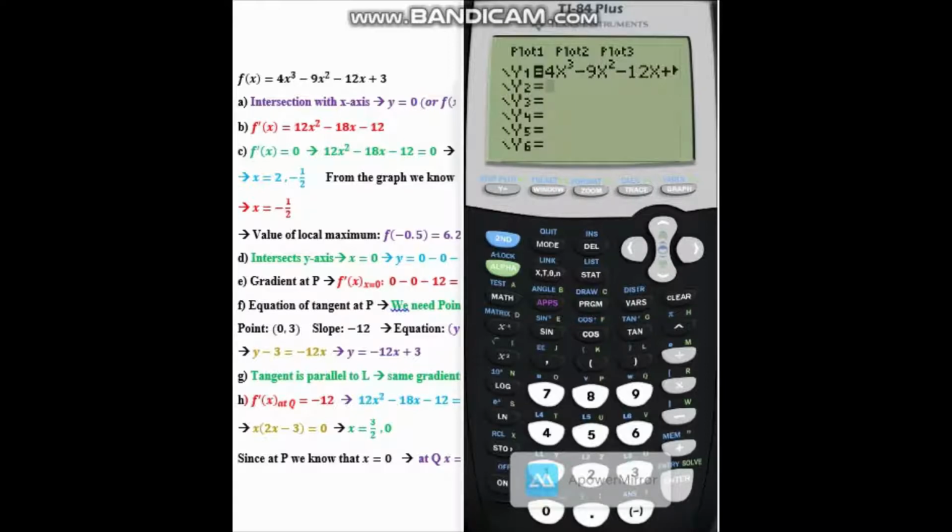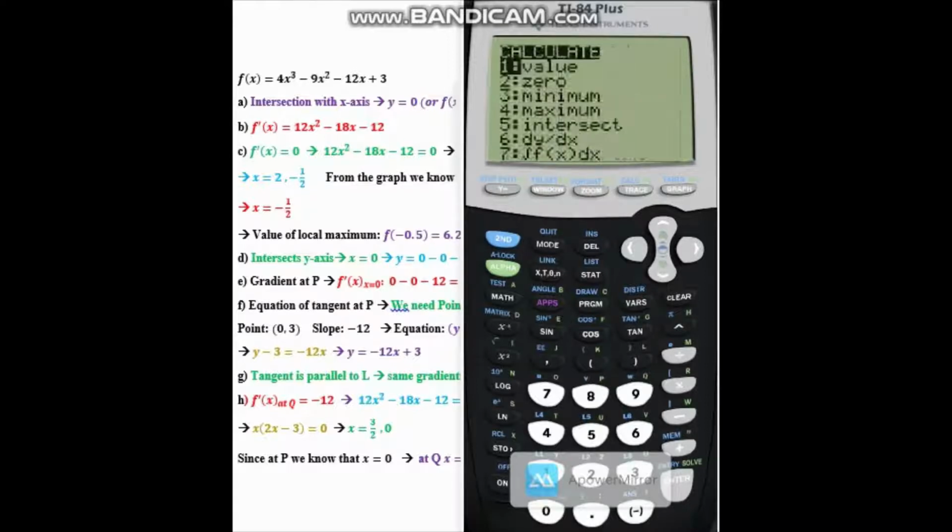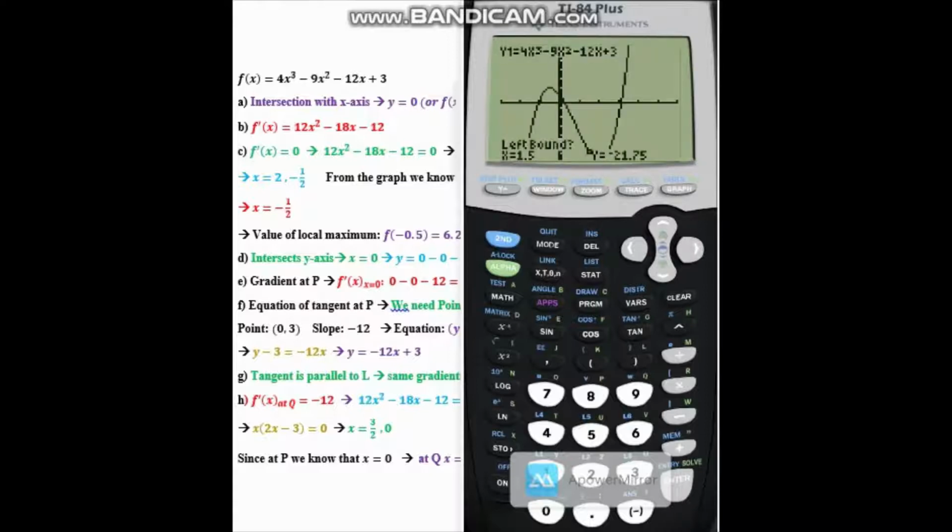I've adjusted my window as follows, and there is your graph. I want to find the points of intersection with the x-axis, so there is a function for that, which is second trace 0. The 0 function helps you find intersection points with the x-axis.